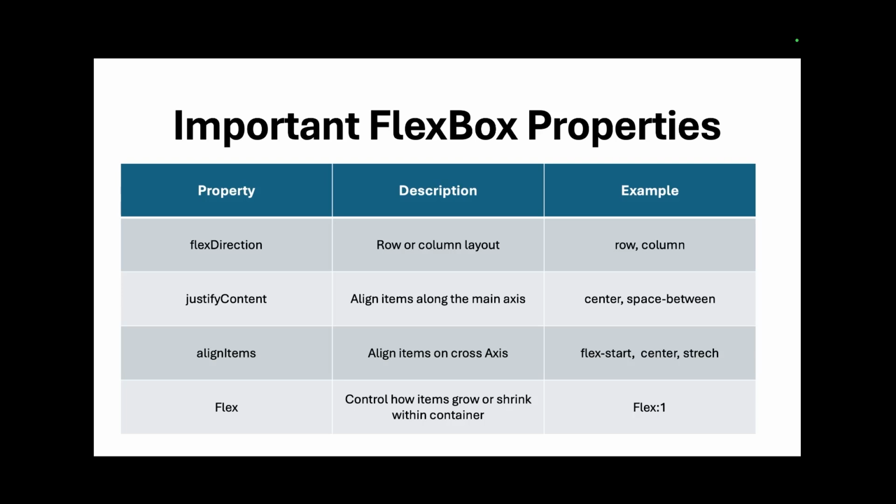For example, we need to pass the value row or column. Justify content aligns items along the main axis. We'll see what the main axis and the cross axis are, and we will see the different attributes of justify content and flex direction, align items.